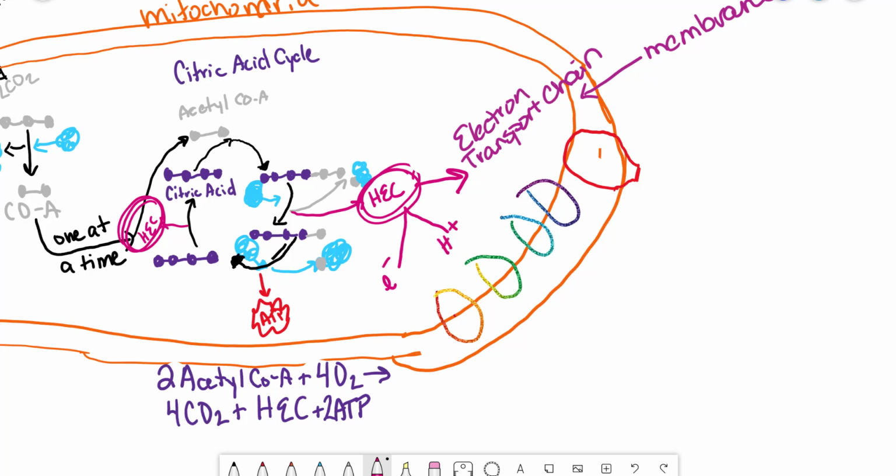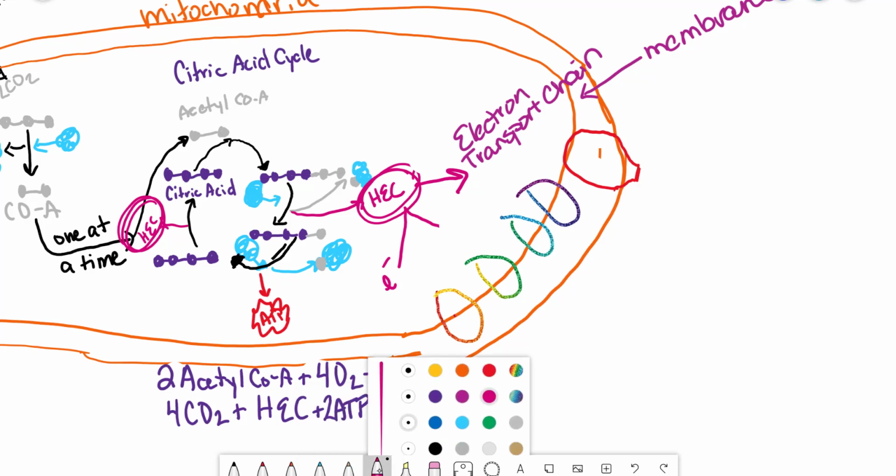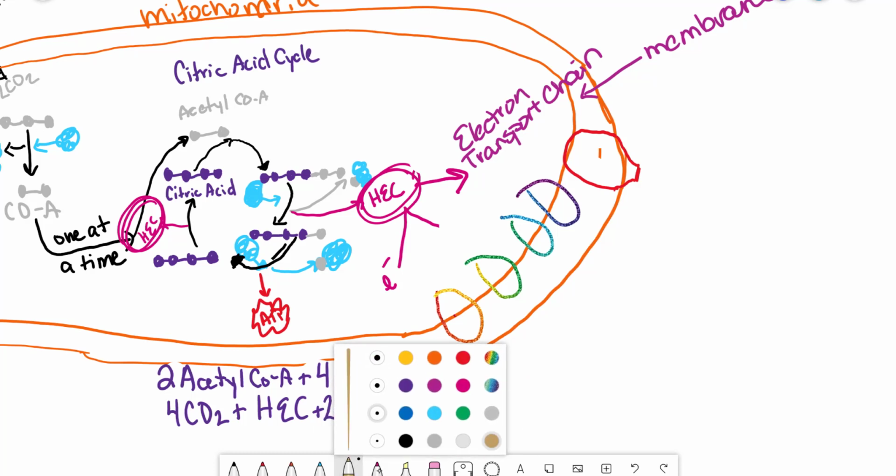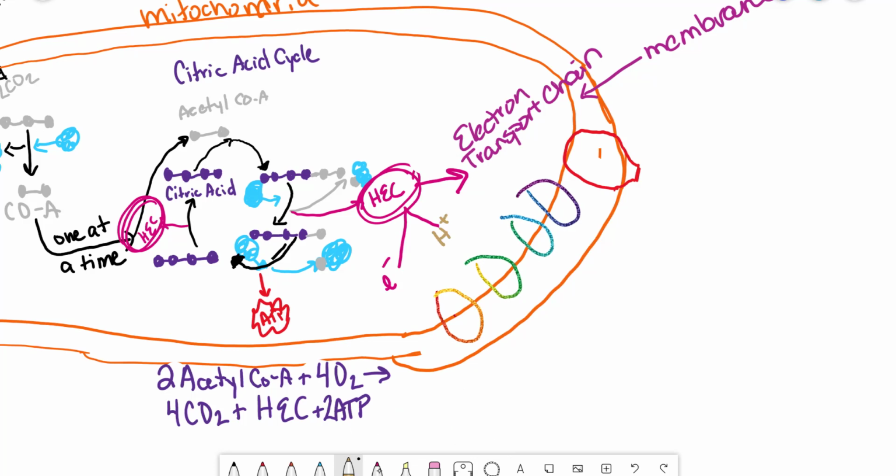Now, I need to use two different colors for these just so that you guys can see. So I'm going to make hydrogens brown, maybe. All right, and hydrogens are henceforth just little pluses because hydrogen is a positive ion.